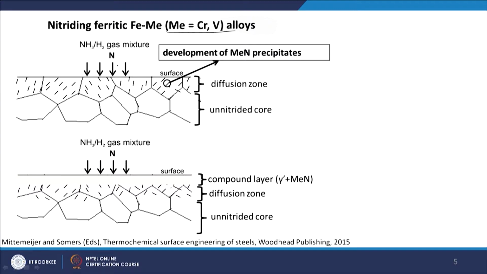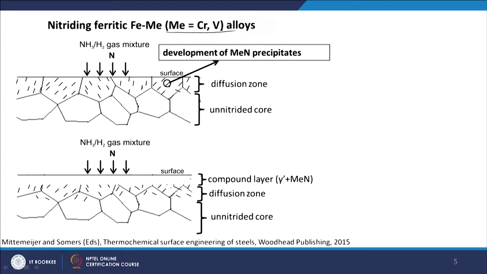Now, this inwardly coming nitrogen gets consumed as long as you have the alloying element like chromium or vanadium, because they will continue to absorb the nitrogen from the matrix to form these nitrides. Once all the alloying element at the surface has precipitated out as nitrides, then you start to grow the iron nitride layer on top.